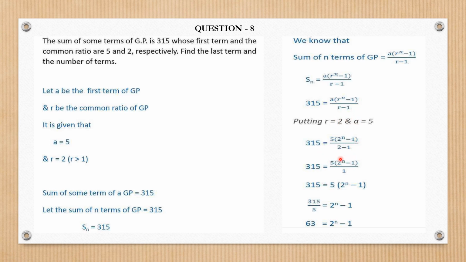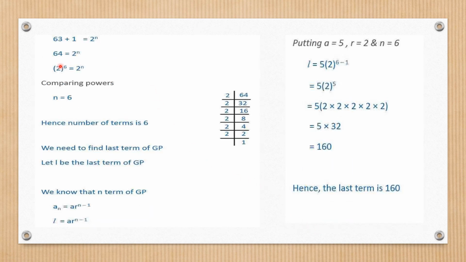You put all these values. The denominator is just simple, so you'll get it as this. Divide by this 5 here. 2 raised to power n minus 1 equals 63. Take it to the other side, it will be 64. You know 2 raised to power n is equal to 64 means it is 2 raised to power 6. So I'll get n as 6.